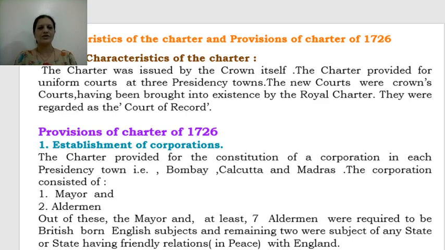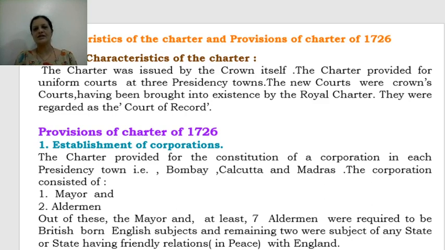So the first provision was the establishment of corporations. The charter provided for the constitution of a corporation in each presidency town, that is Bombay, Calcutta and Madras. The basic functions of a corporation in today's scenario are public health, sanitation, then conservancy.